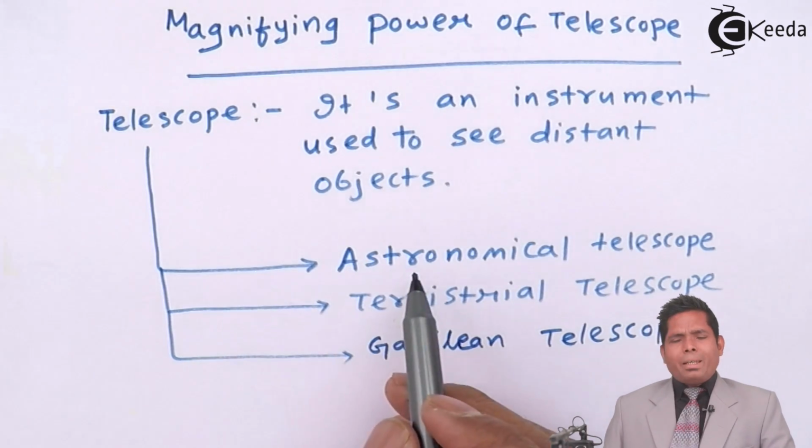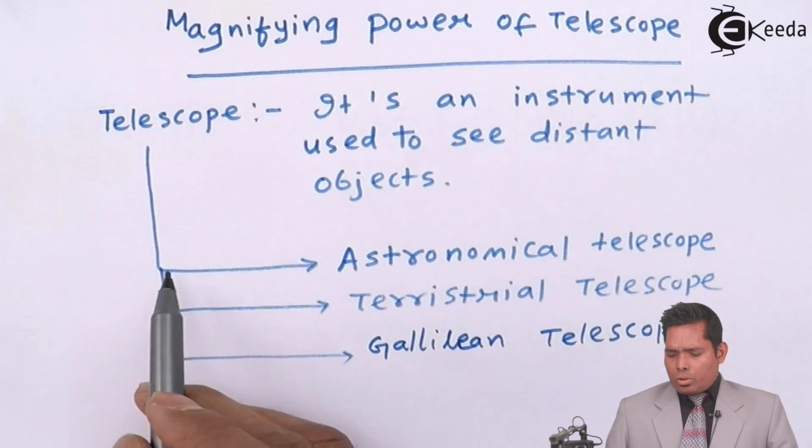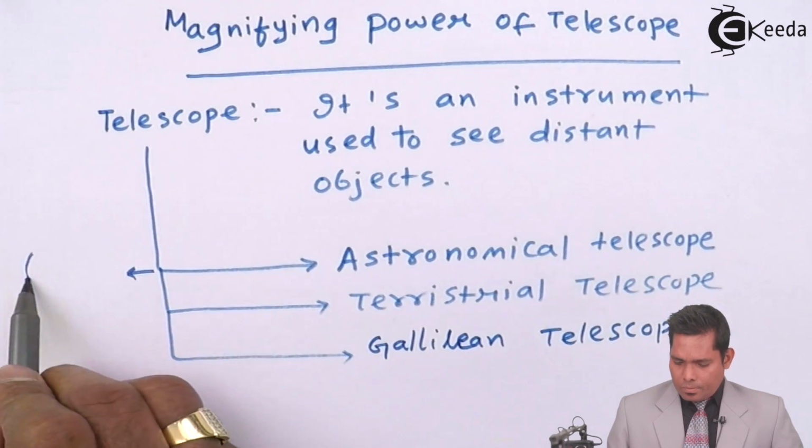In astronomical telescope, we use two convex lens.